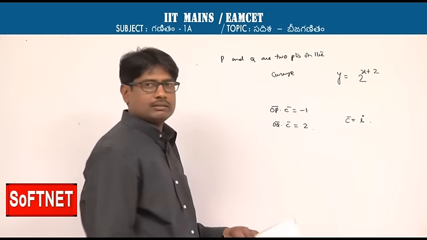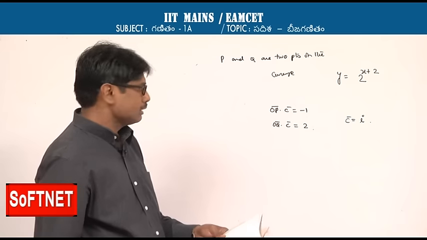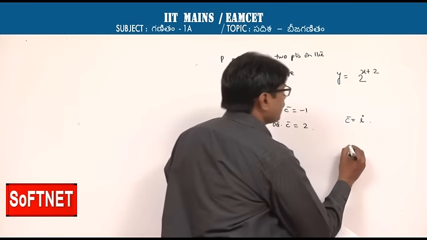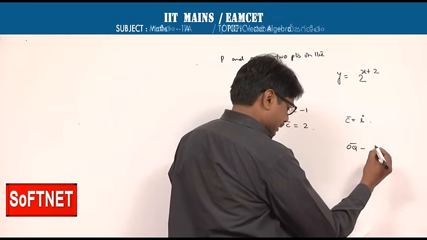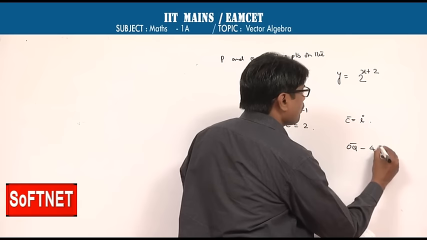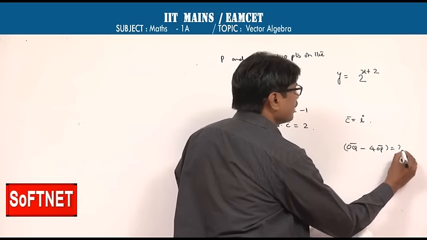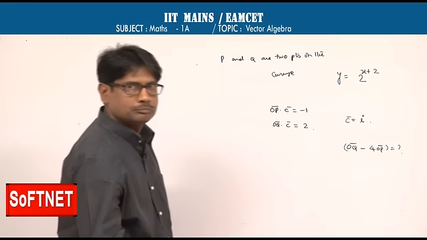Then you are supposed to calculate what is the value of OQ bar minus 4 times OP bar. That is the question.